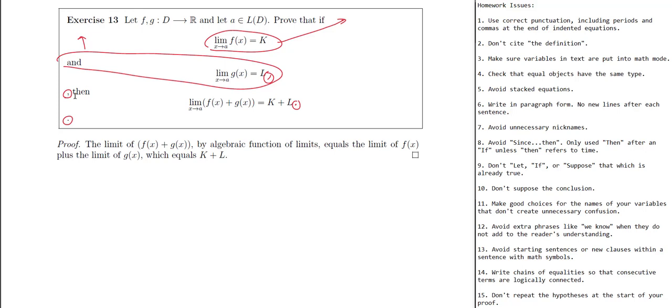Okay, so now the limit of, I don't know why we have outside parentheses here, the limit of f of x plus g of x, by algebraic limit of functions, equals the limit of f of x plus the limit of g of x, which equals k plus l. Yeah, so the problem is you're using the theorem that we are trying to prove.